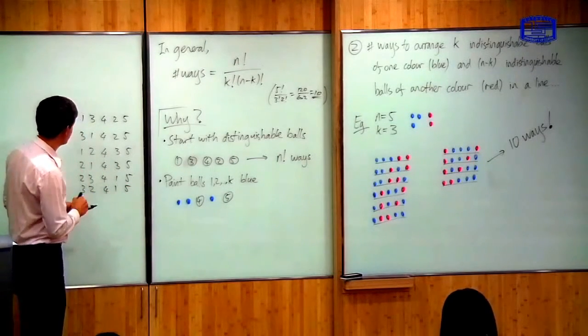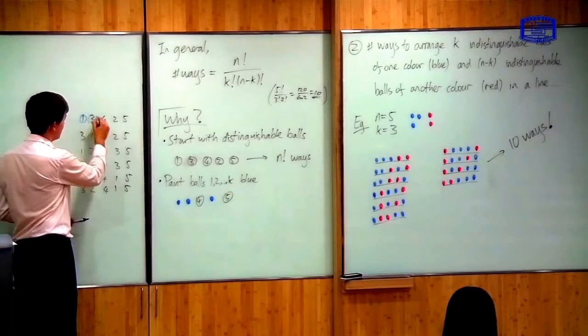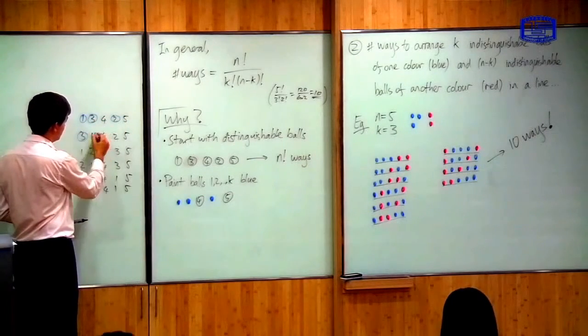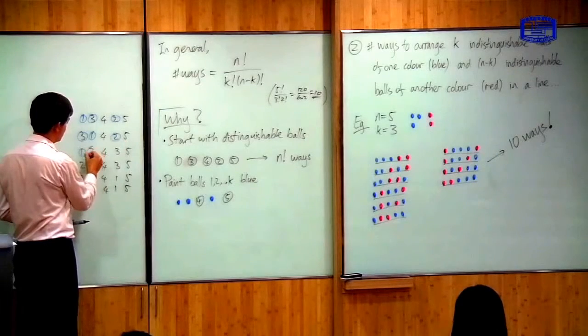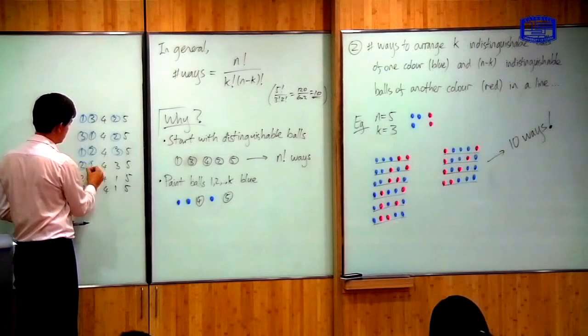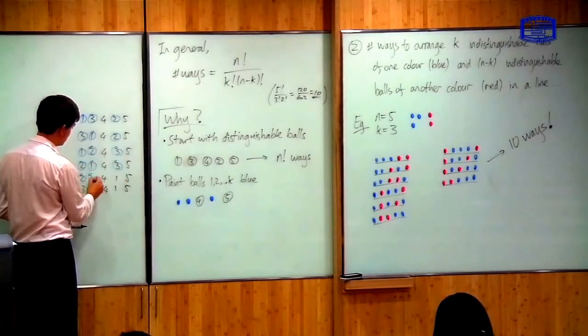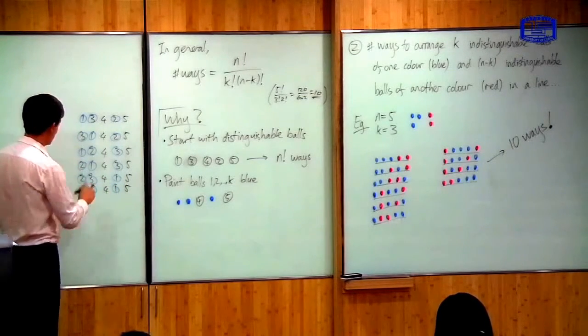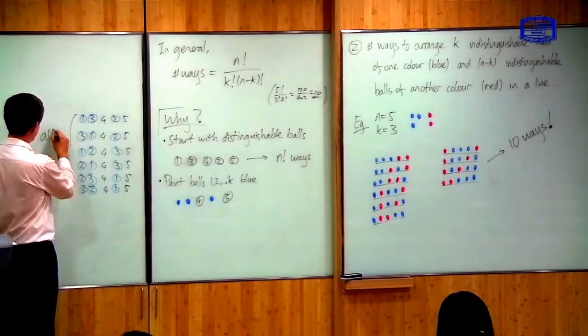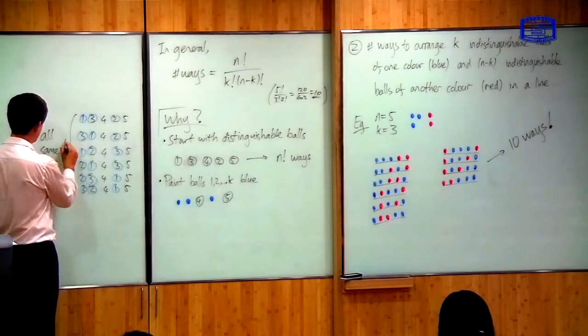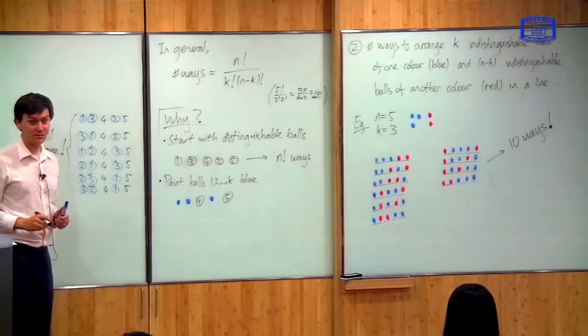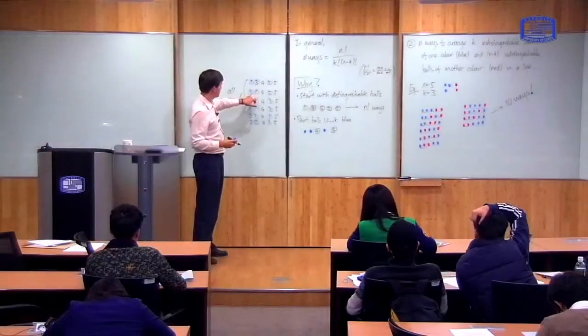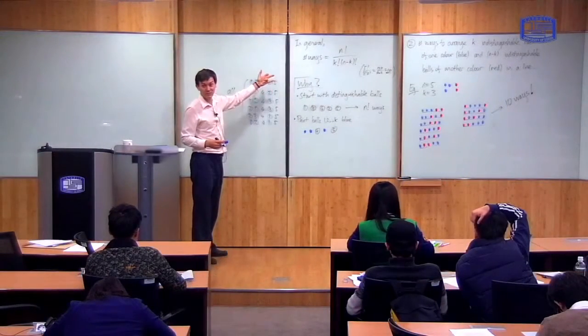And all of these would give me the same results, because in each case I just color these 3 balls in blue, right? So these are all the same. Because once I've colored them in blue, I can no longer tell the difference.